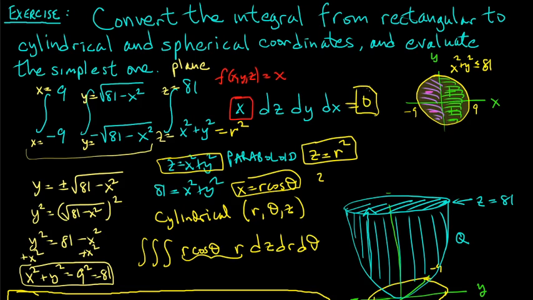On the other hand, if you were integrating, let's say, x squared, then that destroys the symmetry, because now x squared is going to be positive, both on the right side and the left side, and then that would end up with some positive number, right?